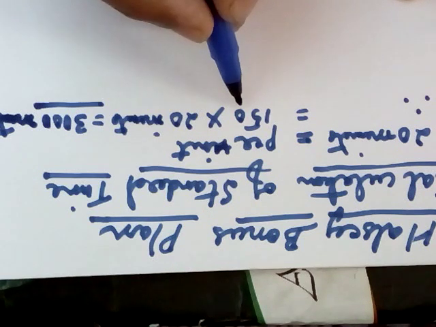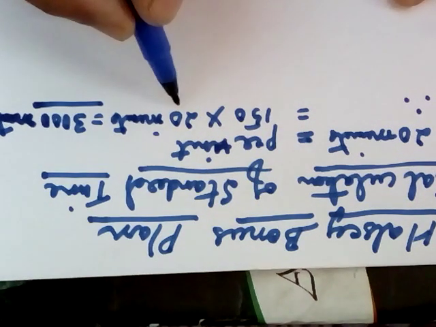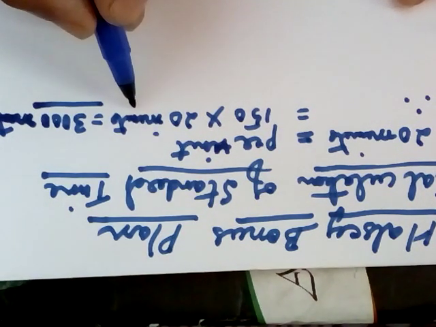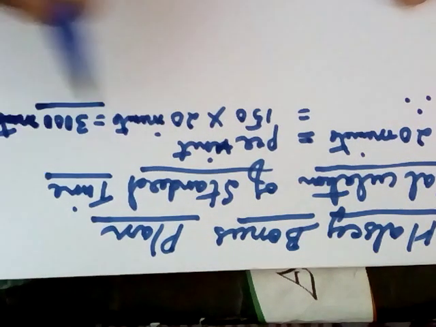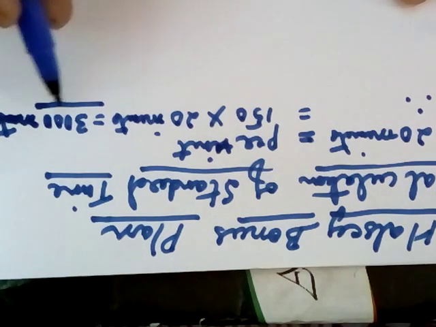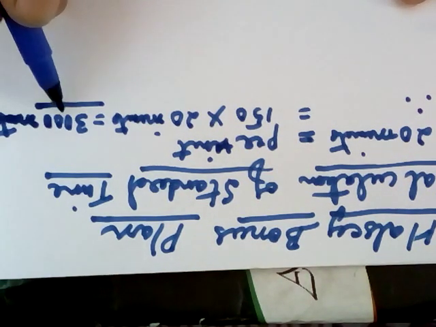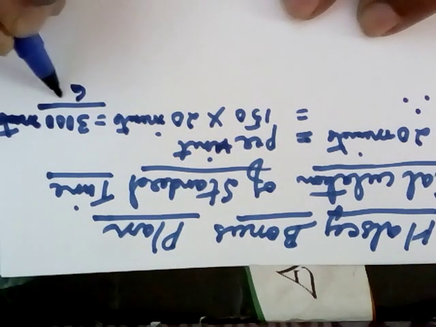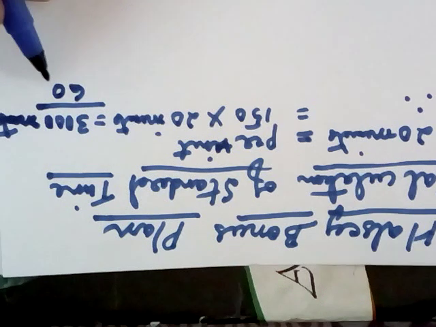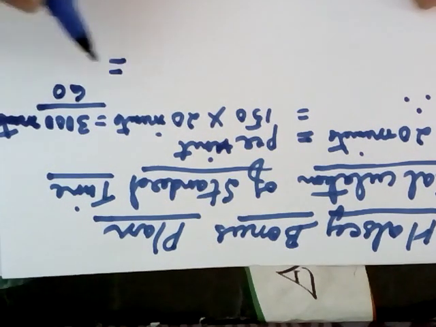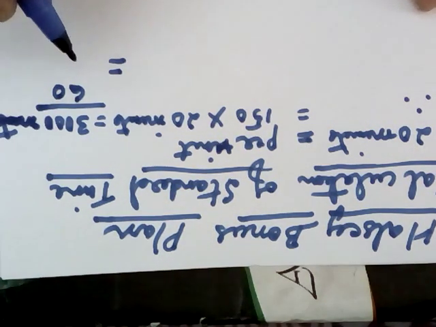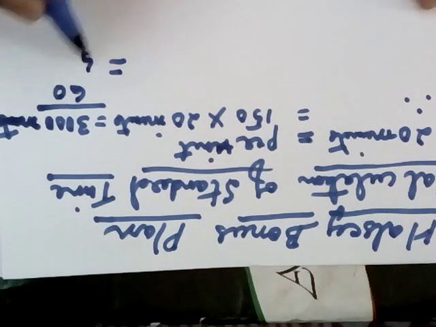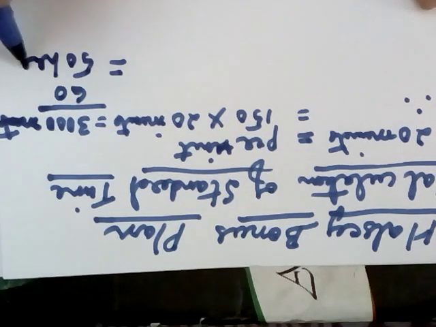Converting these minutes into hours, we need to divide by 60 minutes. Then the standard time taken for production of 150 units comes to 50 hours.